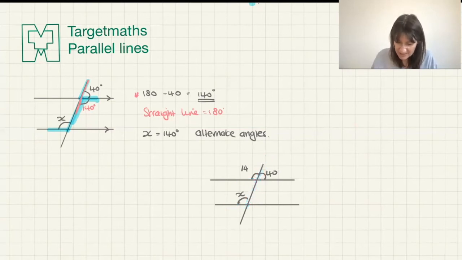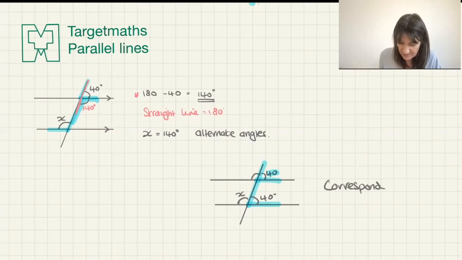Have a look at this. I could have thought, I'm going to link that 40 degrees down straight away. So I'm going to do an F shape, and I'm going to get my 40 degrees in here. So my first move is a corresponding angle.